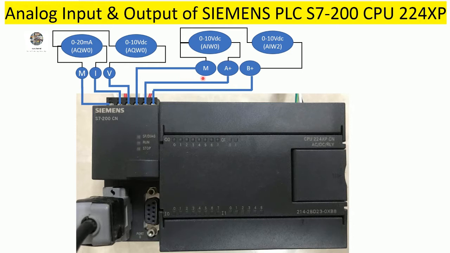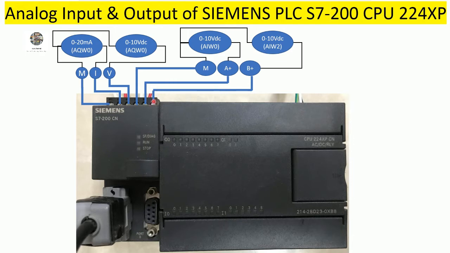For the first channel, if we provide 0 to 10 volt DC to terminals M and A plus, which is channel number 1, it will show raw data from 0 to 32,000.